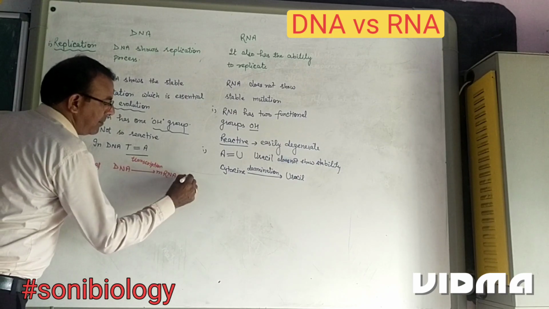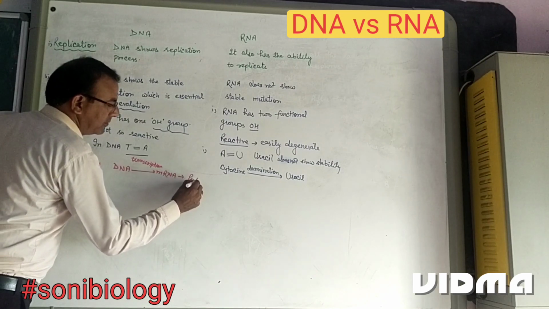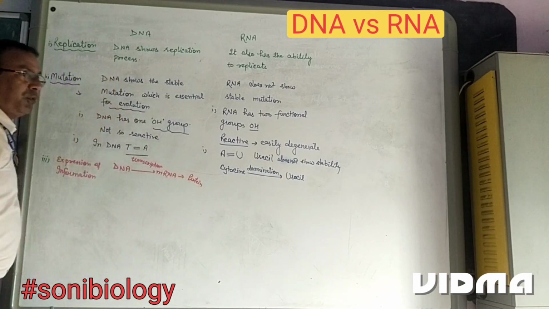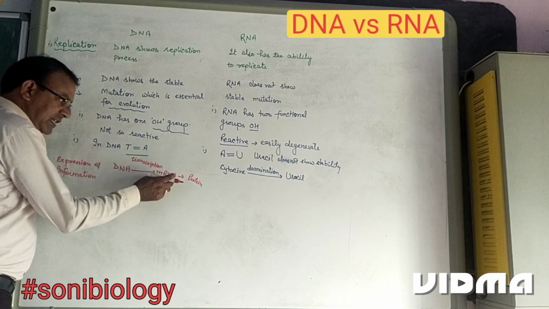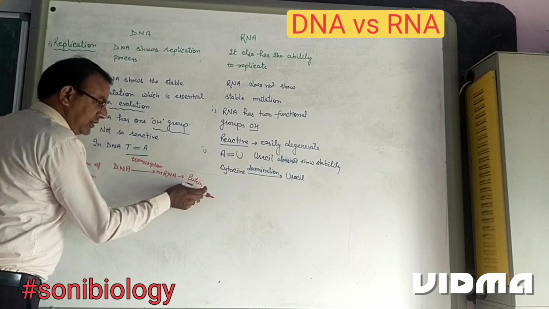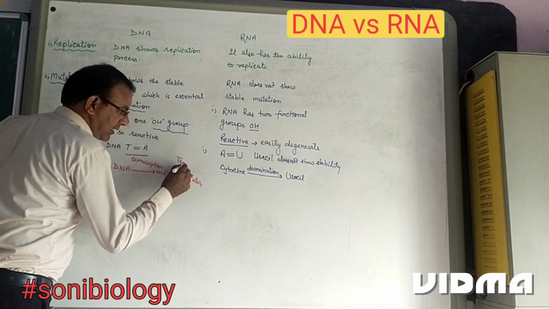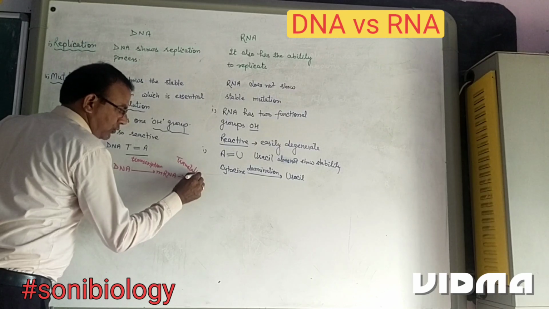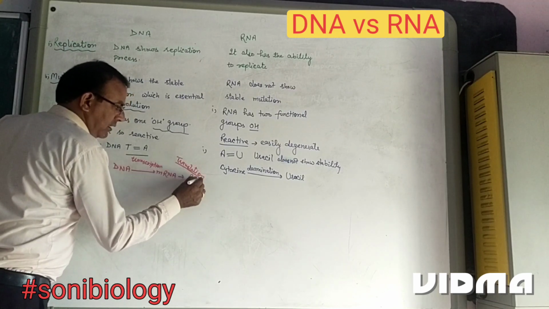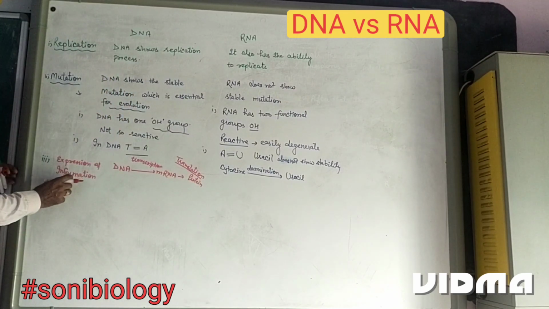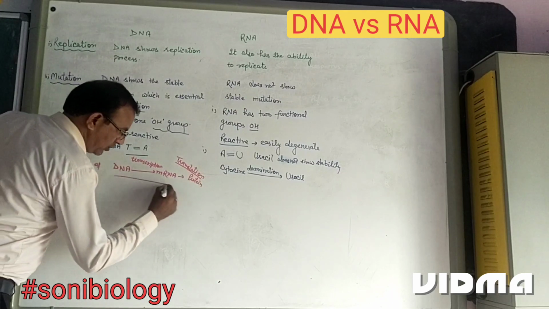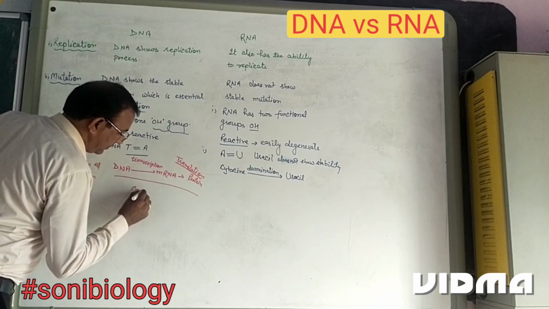And then mRNA to protein. The process in which mRNA, messenger RNA, changes into protein is called translation. So this expression of information that we send out is known as central dogma.